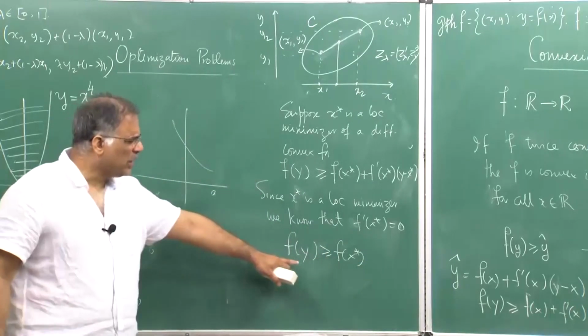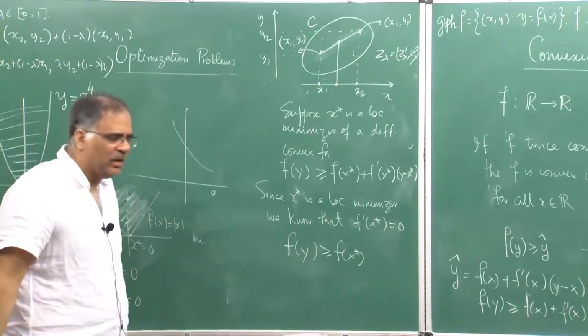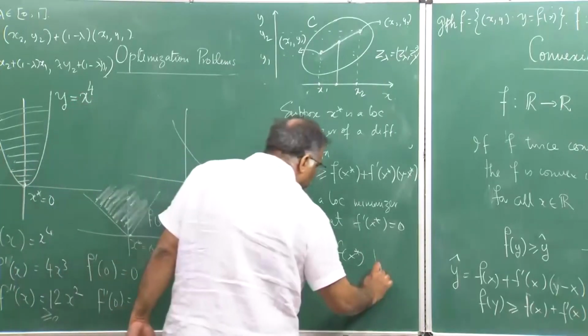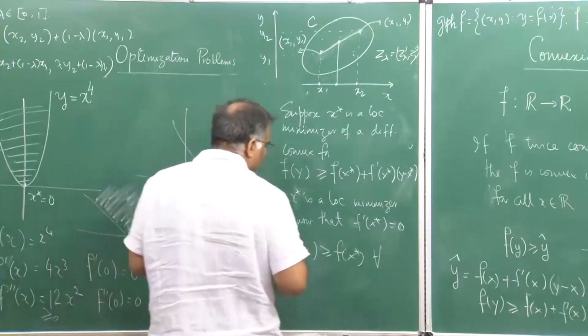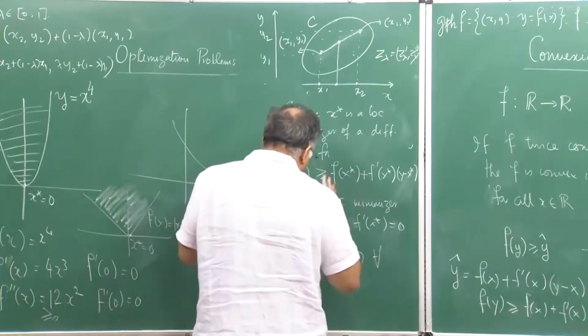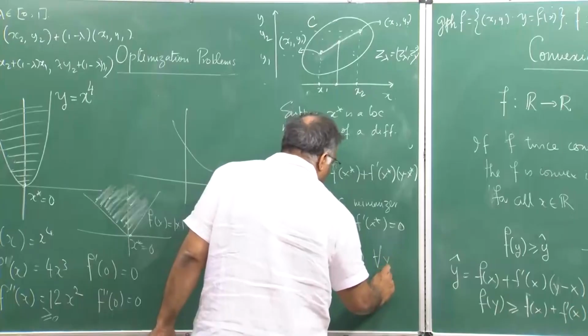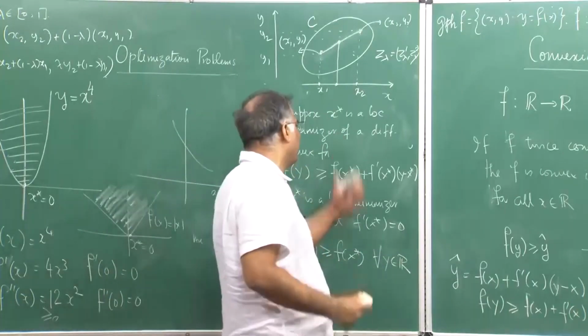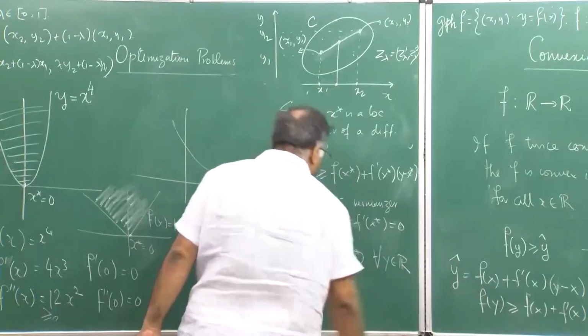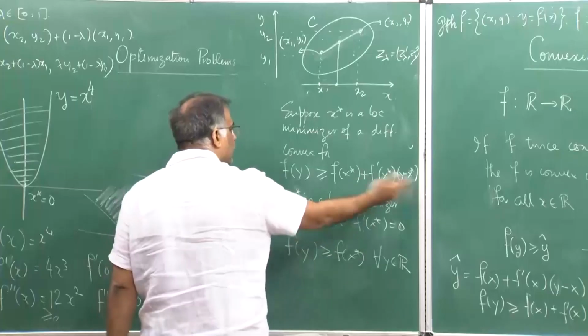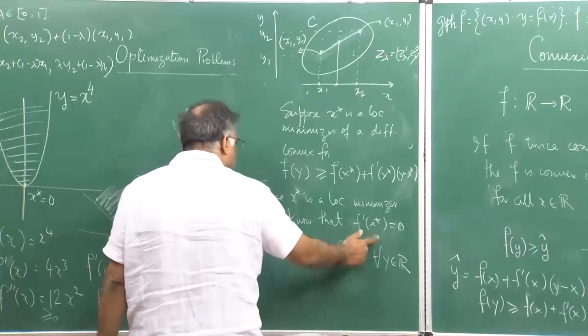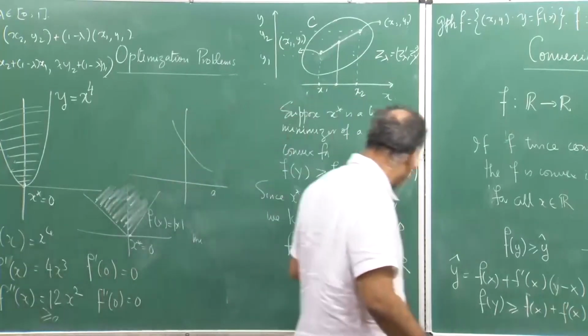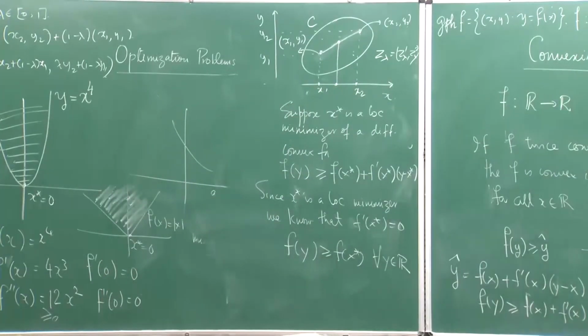It does not matter, I have chosen some arbitrary y in R. This is true for every y in R, because your y was chosen arbitrarily. Whatever y you choose, you make the pair y, x star, apply this fact, and put f dash of x star equal to 0 because it is a local minimizer. This will always happen, and hence you will immediately get that x star is a global minimizer.